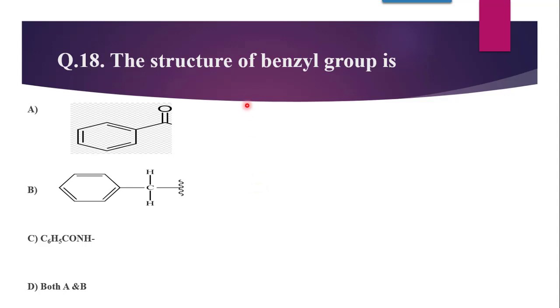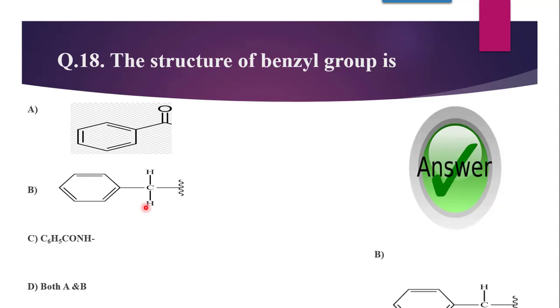Now it is simply benzyl, that means benzene ring and CH2. Benzene ring and CO was benzoyl. Here it is benzene and CH2, it is benzyl. So the answer will be B, the benzene ring and CH2.